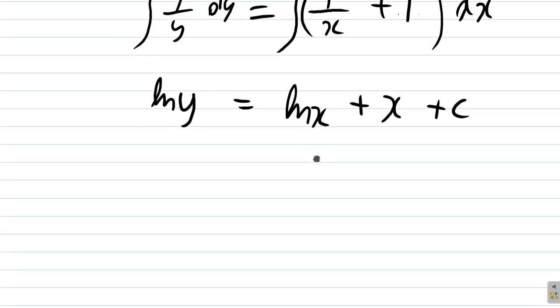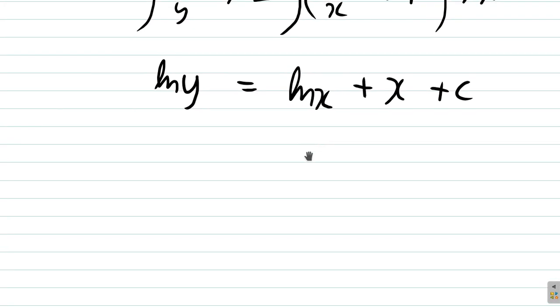Alright, so you see that. But let's see if we can rewrite it and make it neater. You would be okay with this, but let's put it in a neater form. So subtract ln x from both sides. You'll have ln y minus ln x equals x plus c.